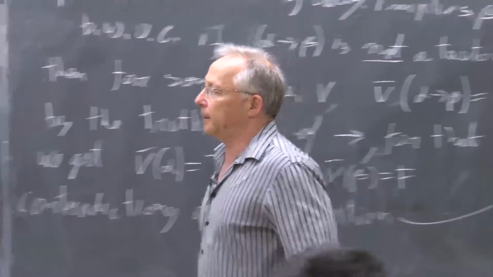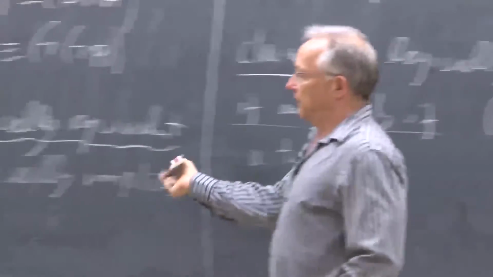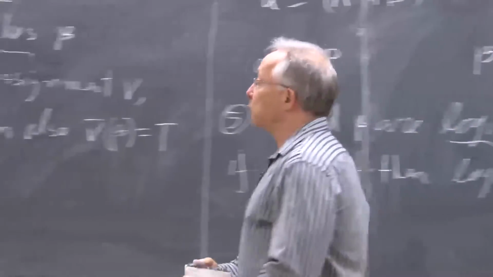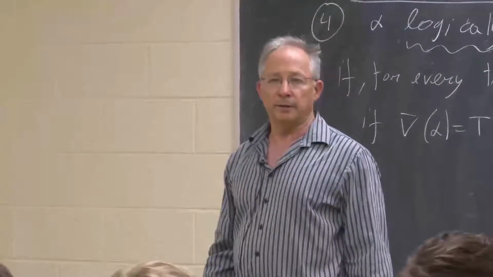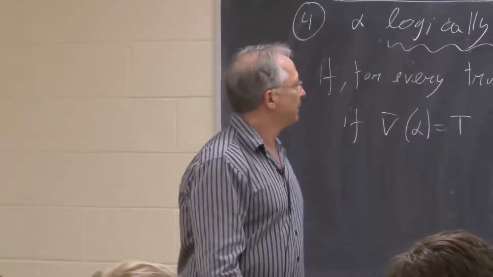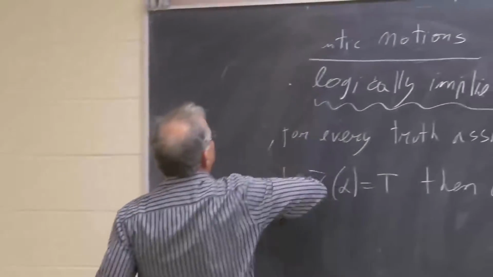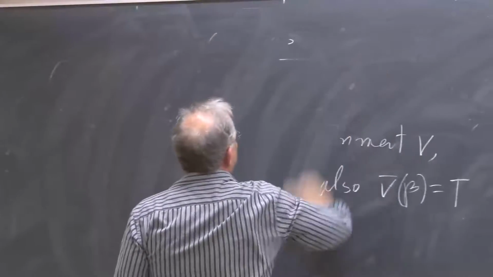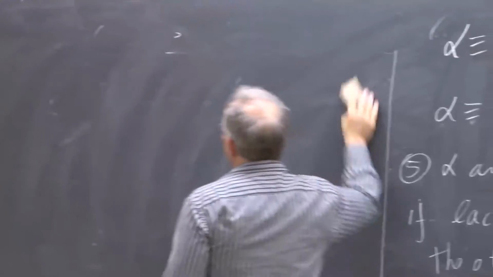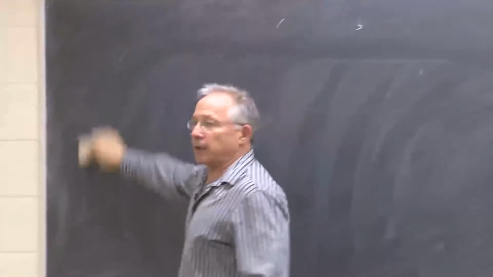Okay, so we see a connection between the notion of logical implication and the notion of a tautology. And going back to the question that I was asked 5 minutes ago, we can see all kinds of other nice properties of logical implication.